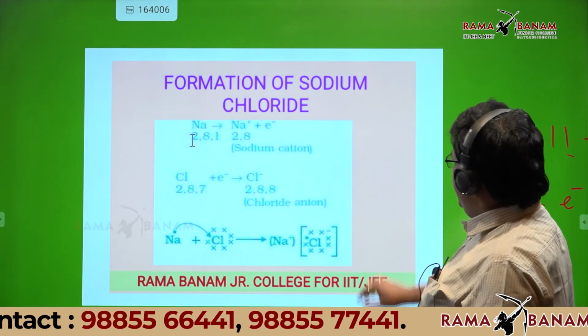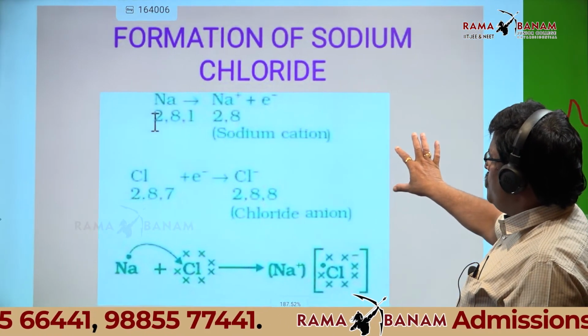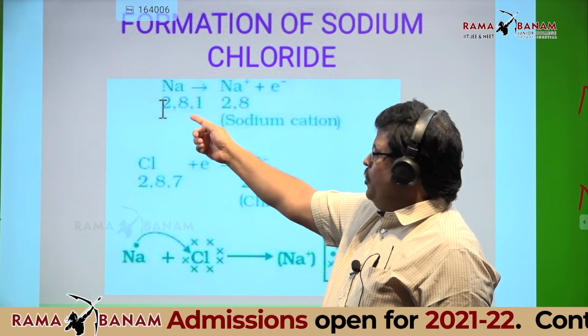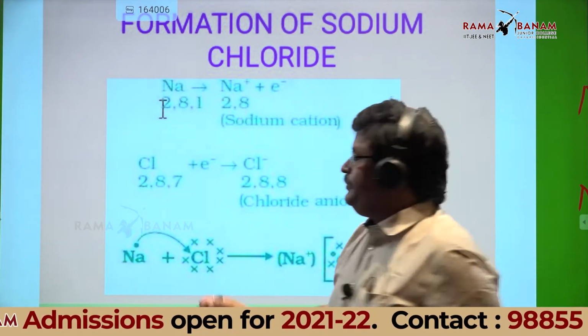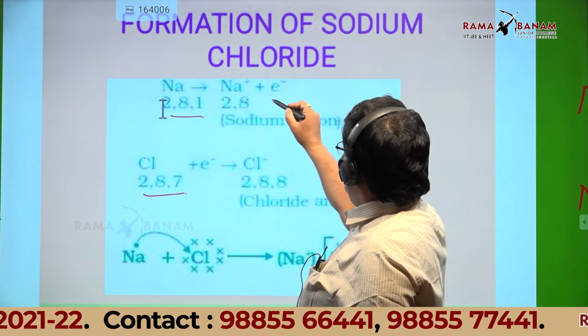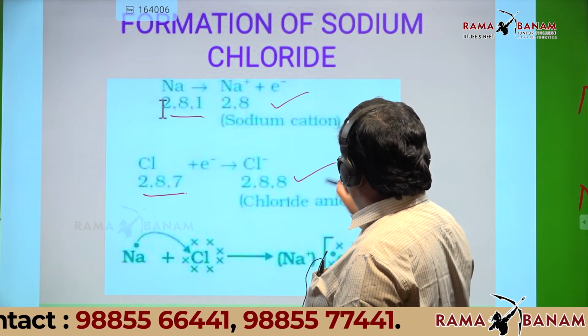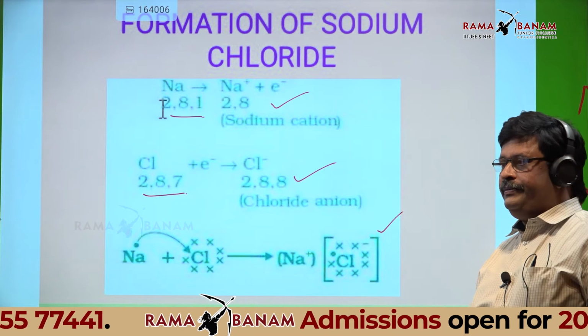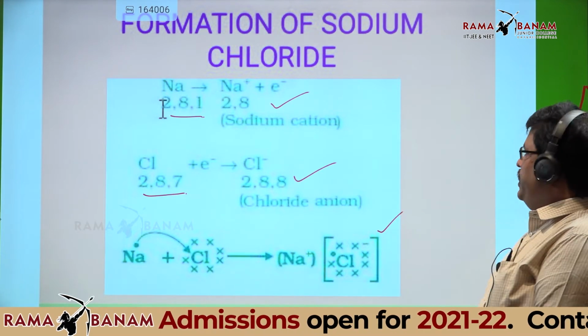Sodium 2, 8, 1 electrons, chlorine 2, 8, 7, sodium loses 1 electron, chlorine gains 1 electron, that's NaCl. Is it okay, students?